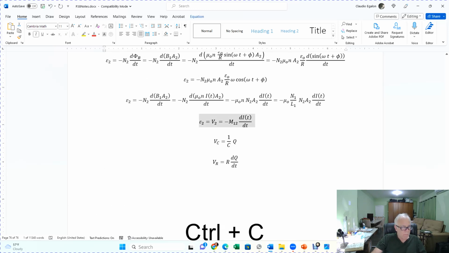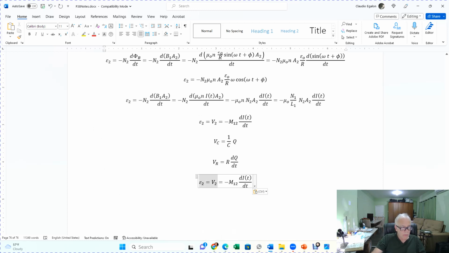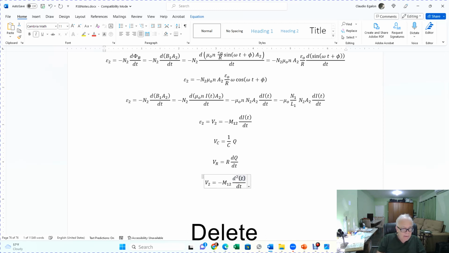VL, or let's say the inductor number 2, is going to be given by a constant that is a function of the geometrical parameters of the device multiplied by a derivative. Recall that this current is in reality a derivative of the electric charge.